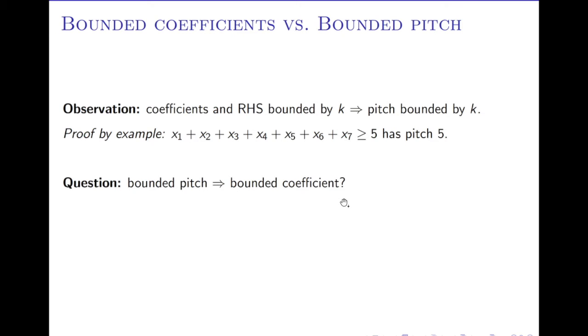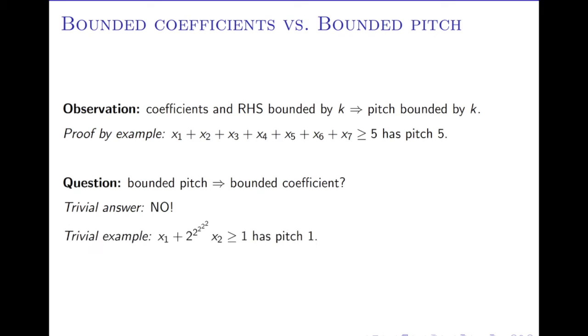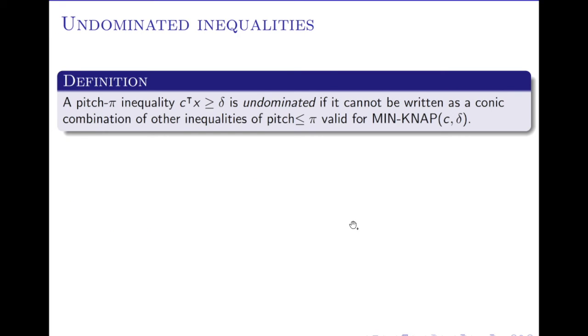A trivial answer here is no, because you can easily come up with a very absurd example like the one I'm showing here, which has a really high coefficient but only has pitch 1. So we need a better way to ask the question. Instead of focusing on all the inequalities out there, we'll be focusing on something called undominated inequalities.